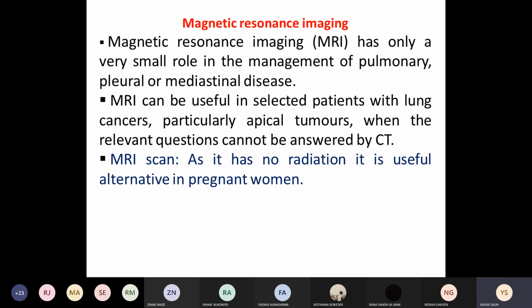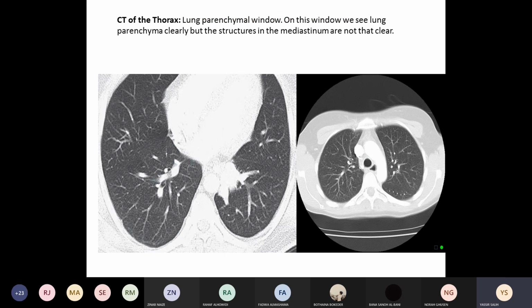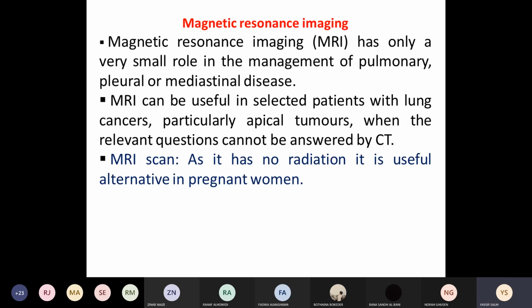For example, if the patient presented with apical tumor, Pancoast tumor, apical tumor on the lung, مثلا عملنا chest X-ray, if there is a tumor in the apex, دائما بتكون difficult to be assessed by plain X-ray and also by CT. لأنه on the apex area بيكون عندنا many ribs and clavicle that affecting the quality of the CT and also the plain X-ray.